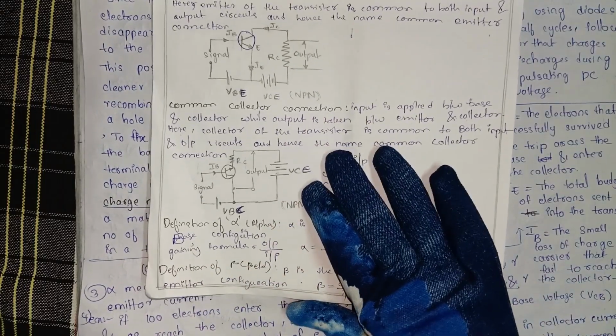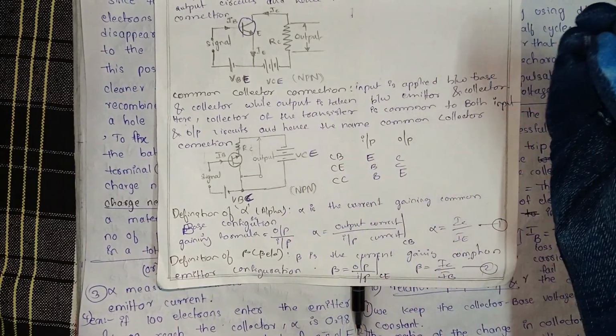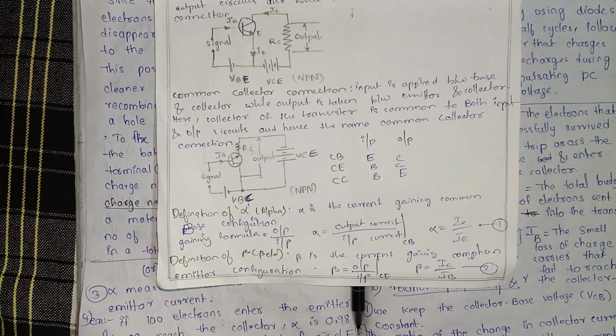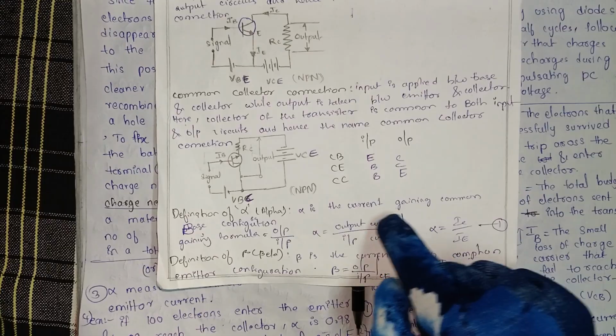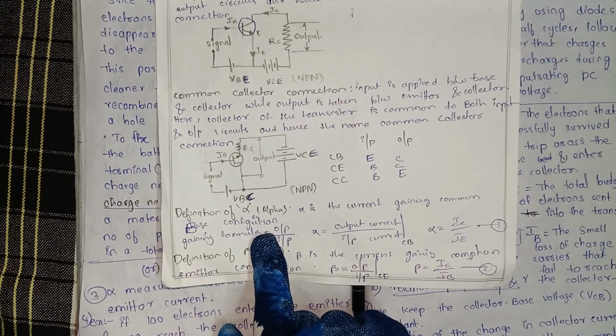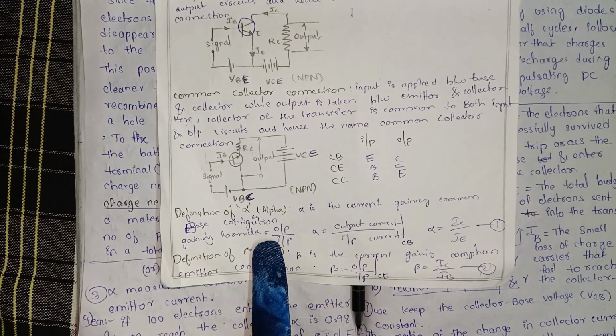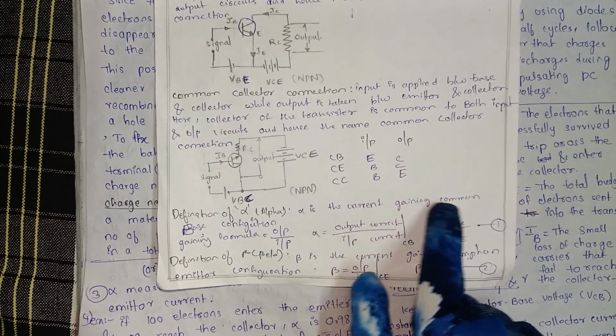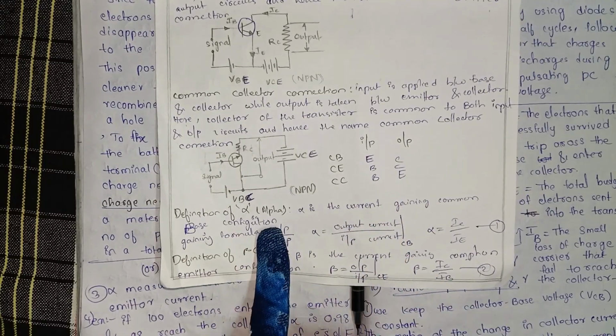Then we will see the definitions of alpha, beta and gamma. First, the definition of alpha: alpha is the current gain in common base configuration.